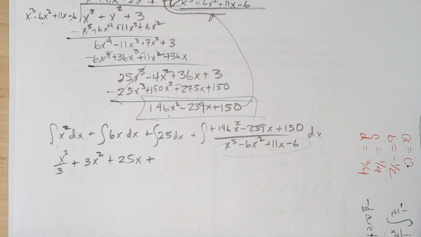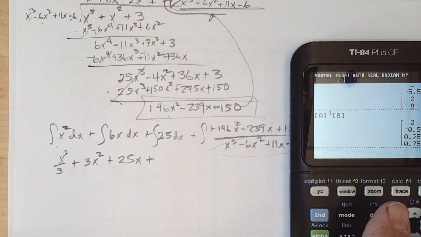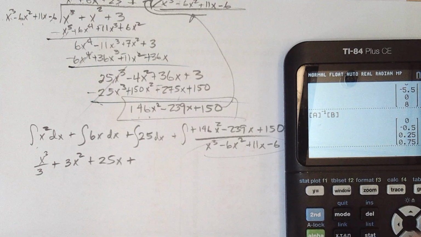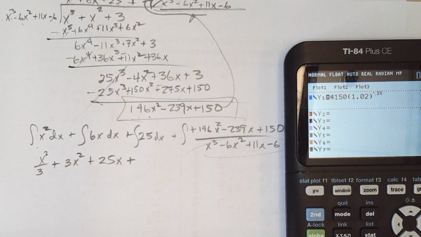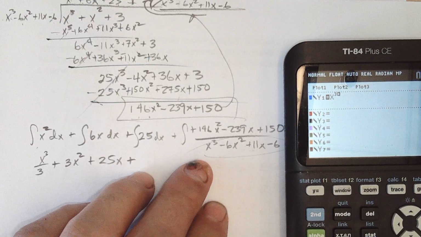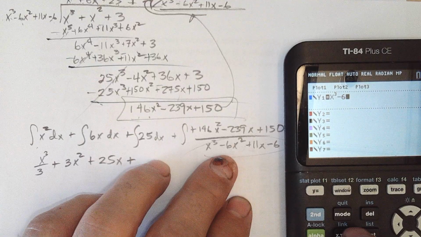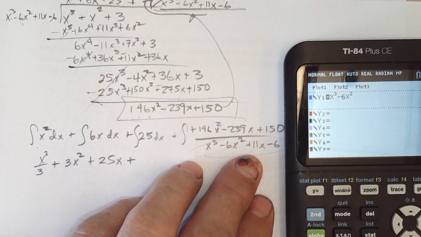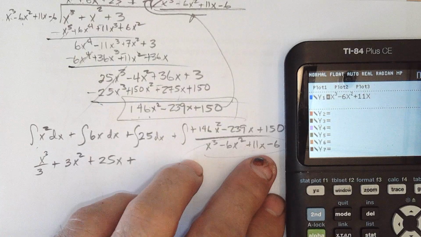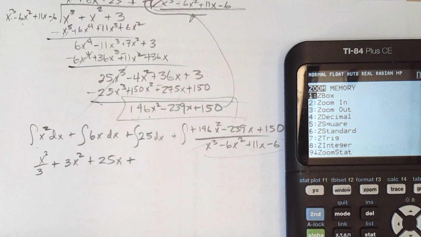So we need to factor that denominator. For an assist, type in x to the third minus 6x squared plus 11x minus 6, zoom 4.